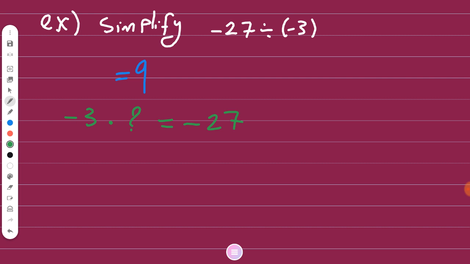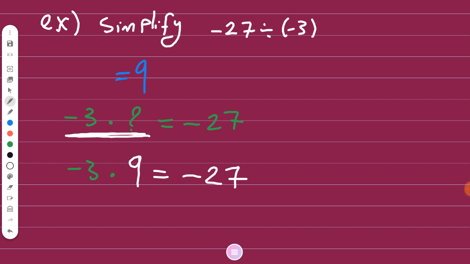So in the multiplication process here, I must get a negative sign. The first one is negative, so the second one should be what? It should be positive, because in case of different signs, the result will be negative. So the sign is positive. So it's negative 3 times positive 9 equals negative 27. This is how I can think about the division property.